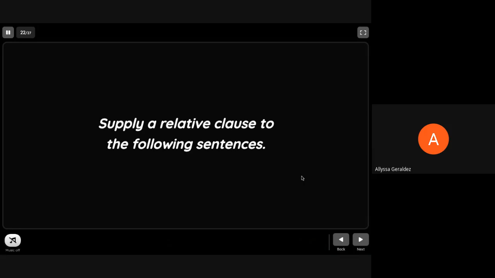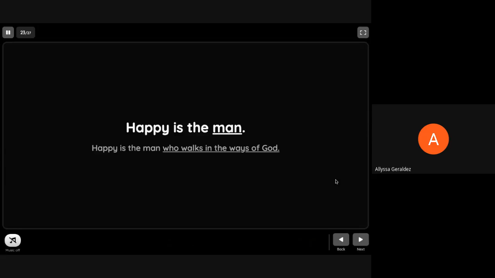And then supply a relative clause to the following sentences. Happy is the man. So we have there the clue, man. So we'll think of a relative pronoun, and with the relative pronoun we'll produce an adjective clause.